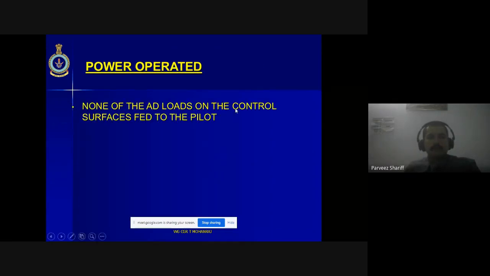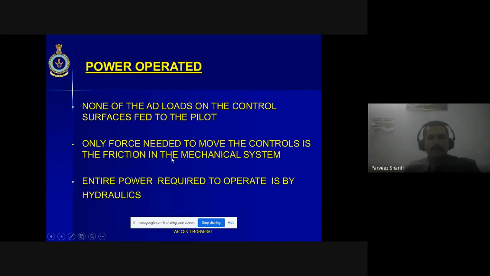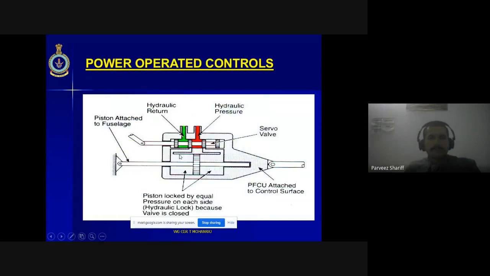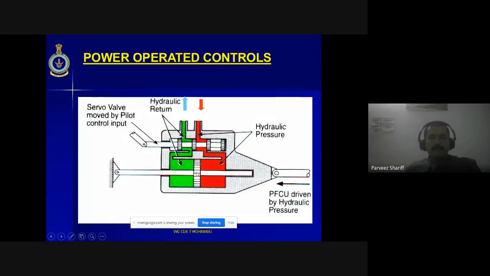Here none of the additional loads on the control surfaces go to the pilot. So all this is entirely looked after by hydraulic systems. So this is power operated. Here the pilot has to do nothing. Everything is looked after by a hydraulic system, which manages the balance of the aircraft. The CG is maintained.